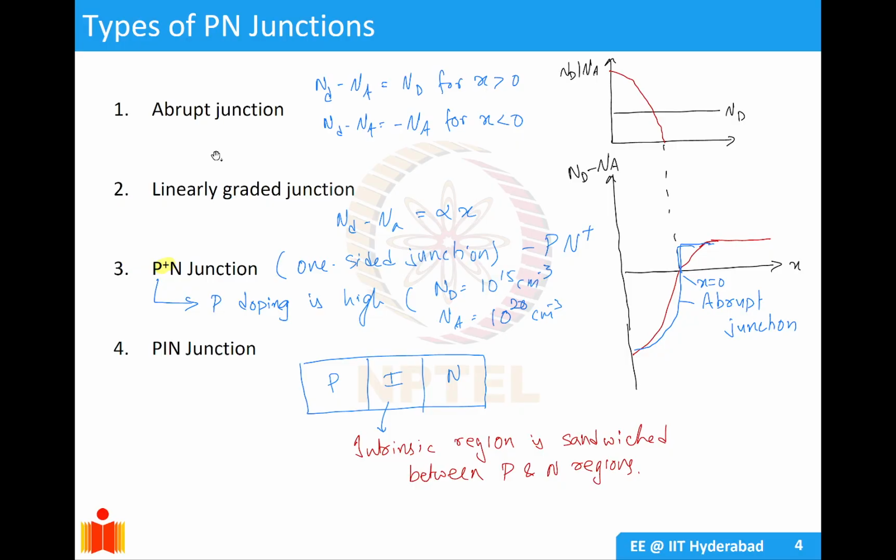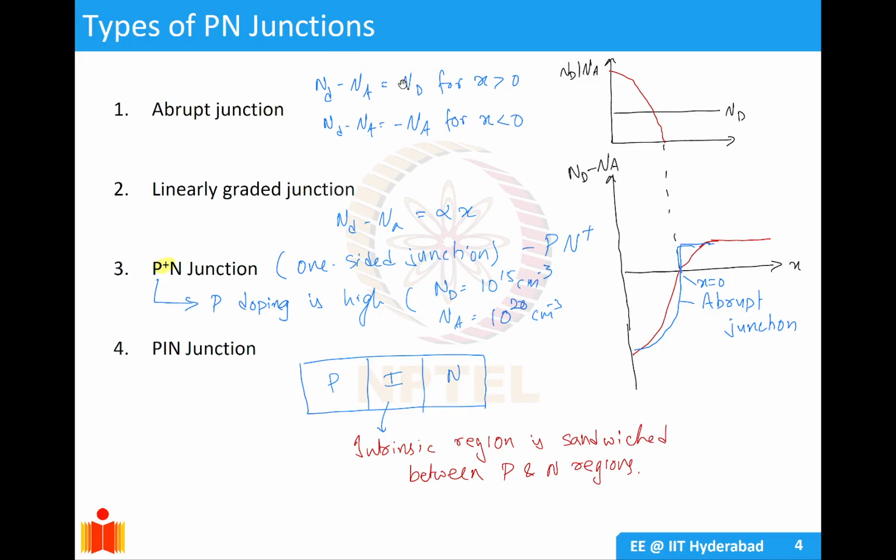There are different types of PN junctions. First is the abrupt junction, where your left side, the P area, is uniformly P type, and your N area is uniformly N type with the same dopant density.